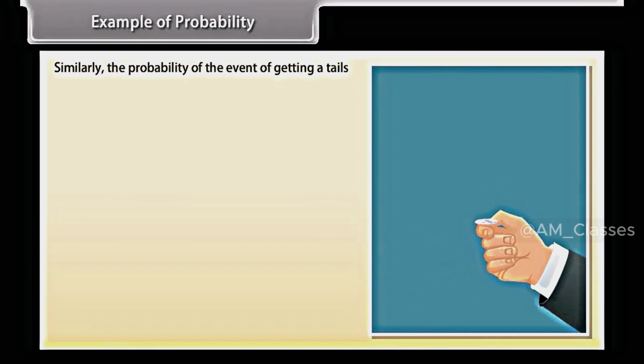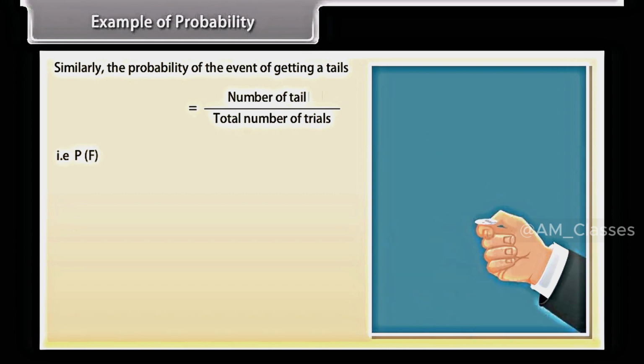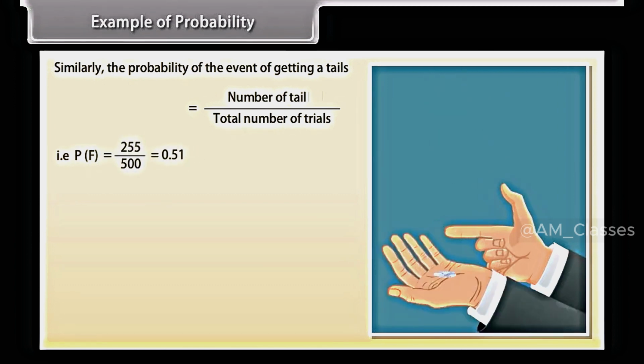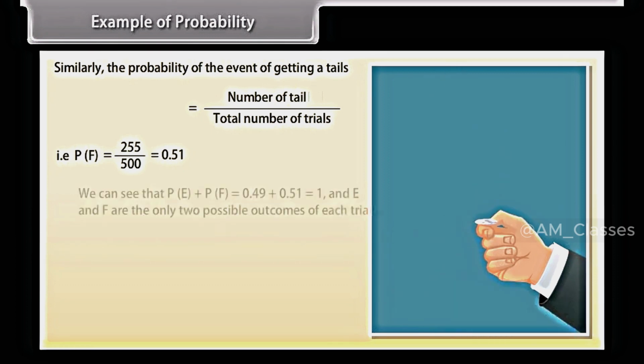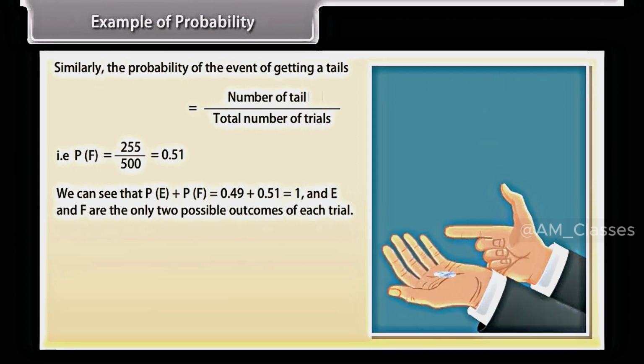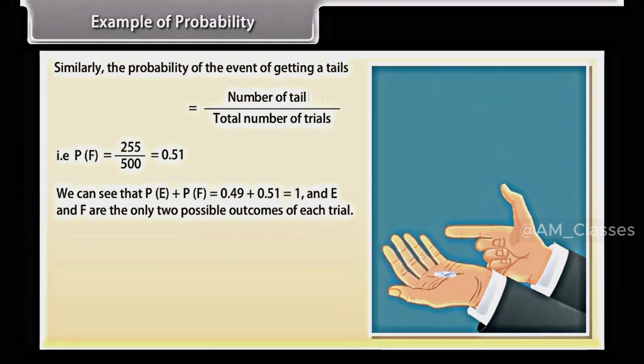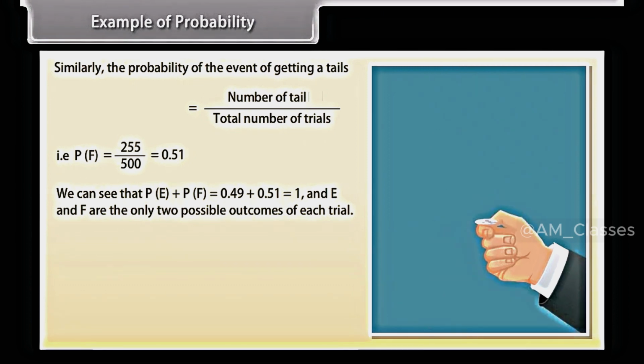Similarly, the probability of the event F of getting a tail is equal to number of tails upon total number of trials. That is, P(F) is equal to 255 upon 500, which is 0.51. We can see that P(E) plus P(F) is equal to 0.49 plus 0.51, which is equal to 1. And E and F are the only 2 possible outcomes of each trial.